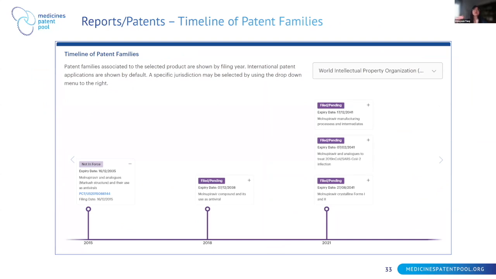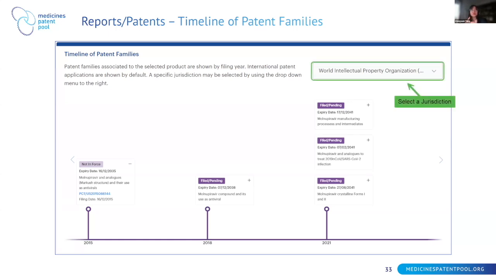Then continue scrolling down, and you will arrive at the timeline of the patent family, which shows you the timeline of all the patent families associated with your selected product. By default, the timeline will show the WIPO PCT timeline.